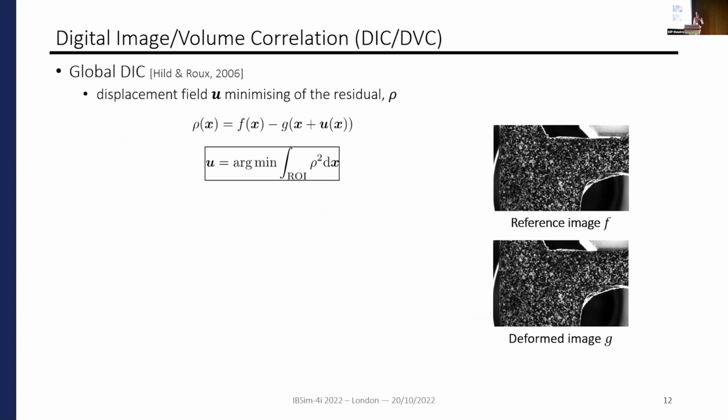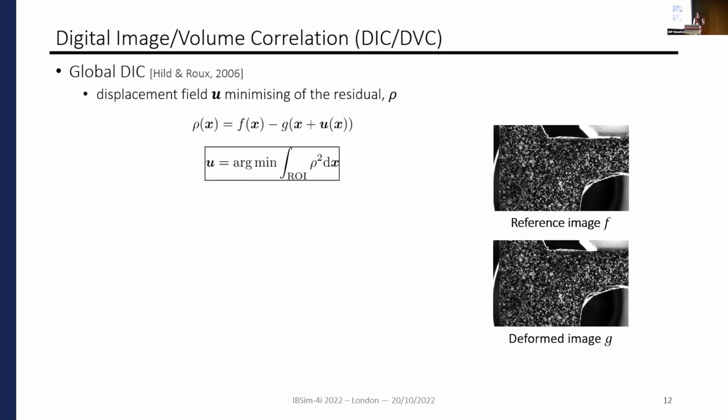It consists in finding the displacement field that minimizes a residual, and this residual is defined as the difference between an image of the sample at an unloaded state minus an image of the sample at a loaded state corrected by the current estimation of the displacement. And we usually do this minimization on the weak form of the residual.